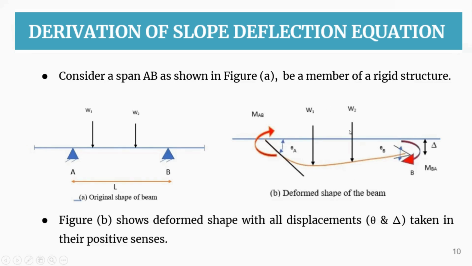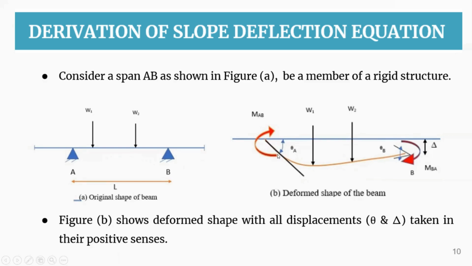This deformation may take place with respect to all the displacements. That displacement can be either translation or rotation. The rotation is theta A at A and theta B at B. And similarly, you are having a delta at B. Here we have considered this theta and delta in the positive sense only.